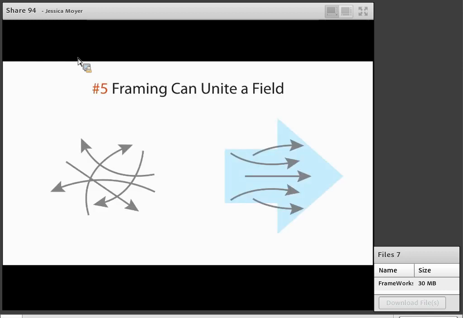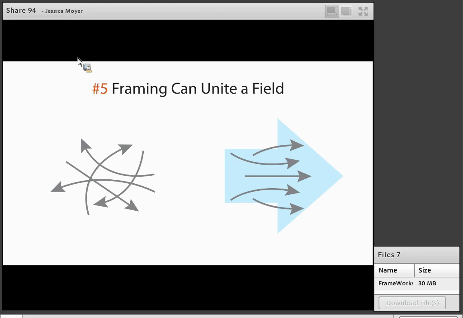The last point about framing that I want to make is that framing has the potential to unite a field, to bring the communications of many different people who are all working on the same social issue, but from different angles. They take different perspectives. They're focused on different subtopics within that social issue.